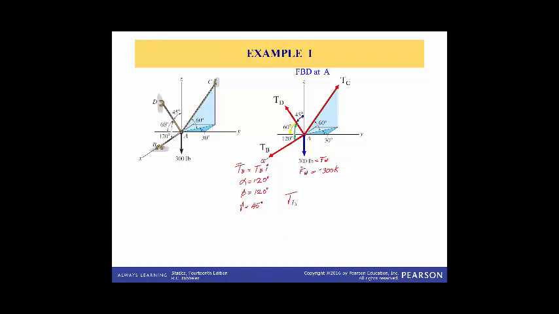My vector TD is going to be equal to TD cosine of 120 i plus TD cosine of 120 j plus TD cosine of 45 k.